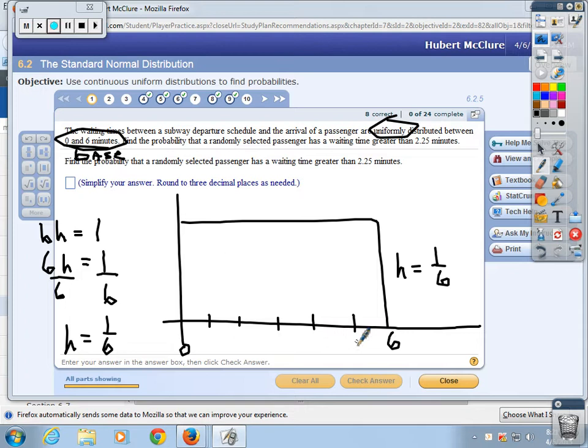And they want to know, what is the probability that a randomly selected passenger has a waiting time greater than 2.25 minutes? So you take your handy dandy blue marker and you draw a line at 2.25 minutes. And you want to find that area.